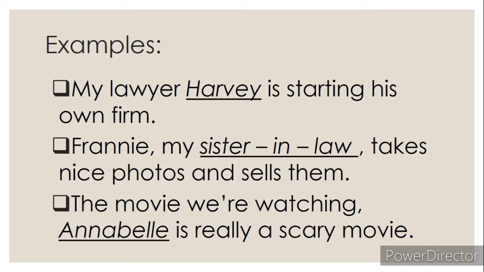So, we can see here that Harvey is part of the subject. But when we say appositive, it is placed next to and identifies or renames the subject of the sentence. Therefore, we are giving information about the subject lawyer.